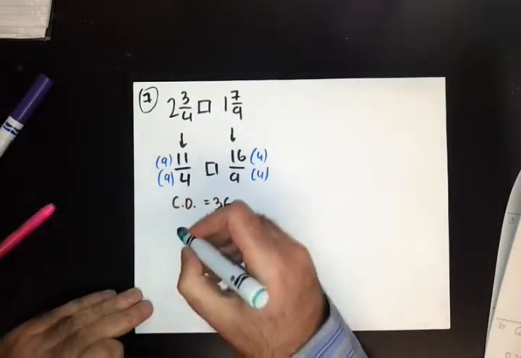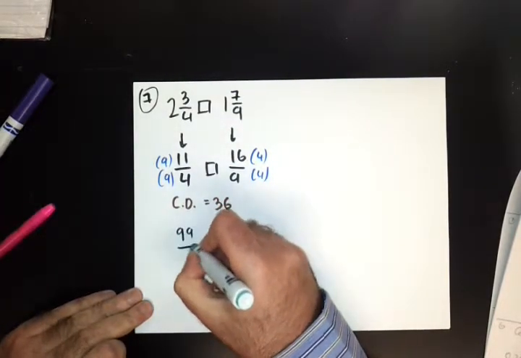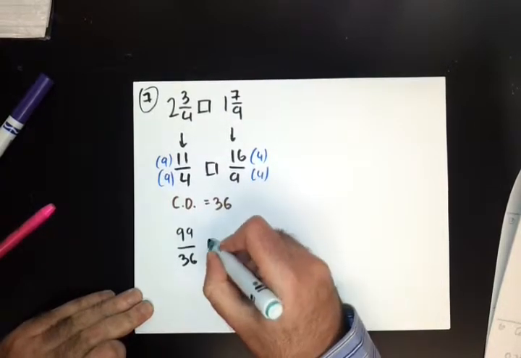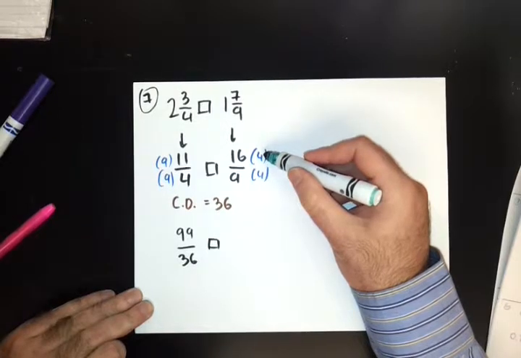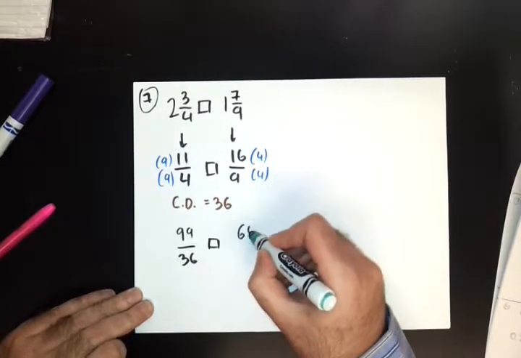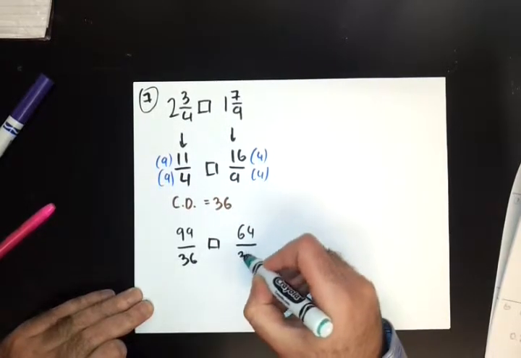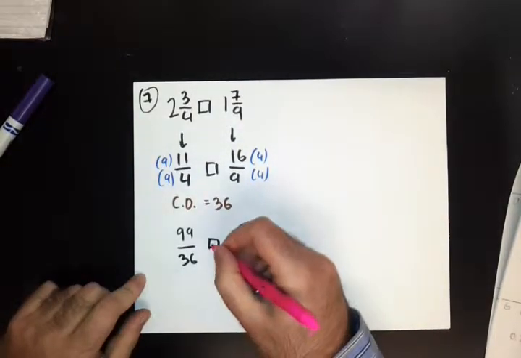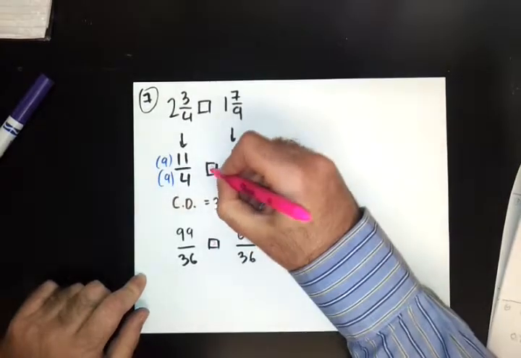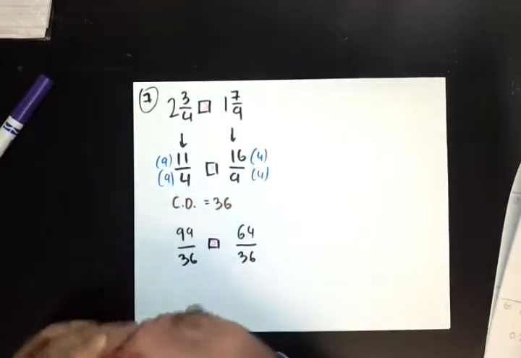My two new fractions are 99 over 36, and this one is going to be 64 over 36, and 99 is very much bigger.